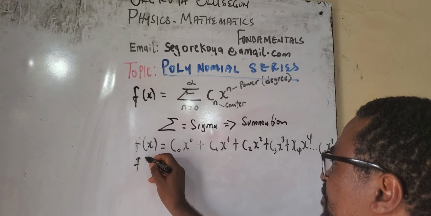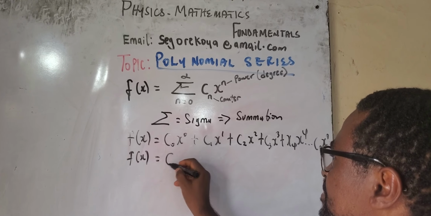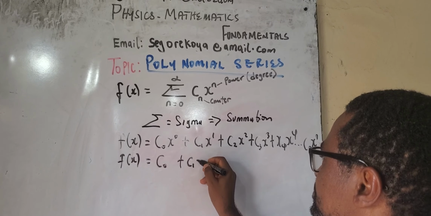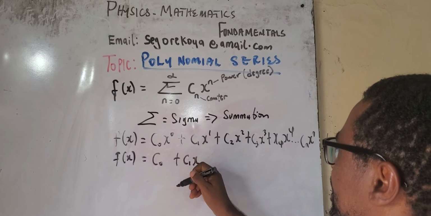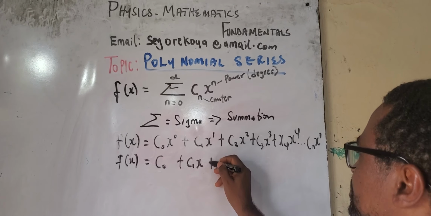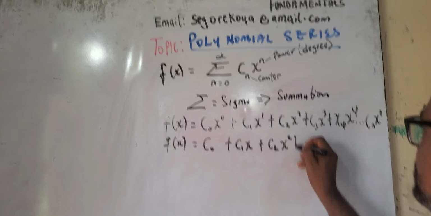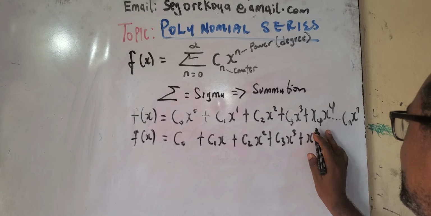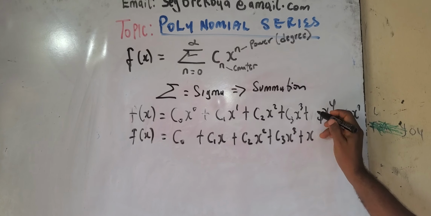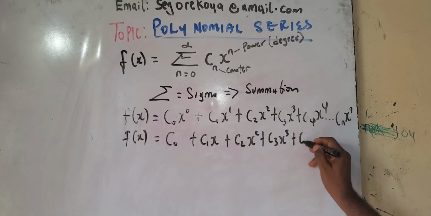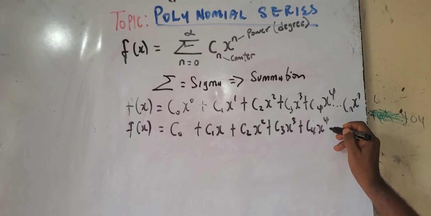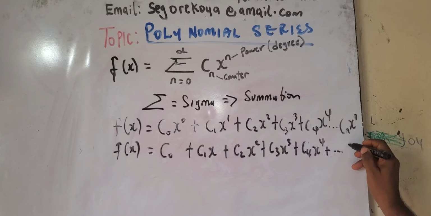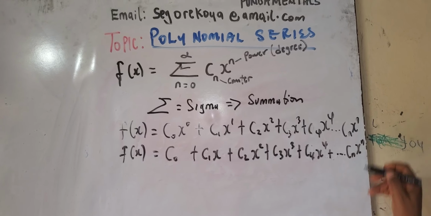I will have f of x written as c0 times 1, then plus c1 x raised to the power 1, then plus c2 x raised to the power 2, plus c3 x raised to the power 3, plus c4 x raised to the power 4. Then the addition continues up to when I have cn x raised to the power n.